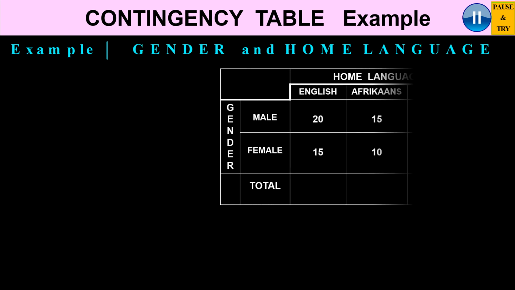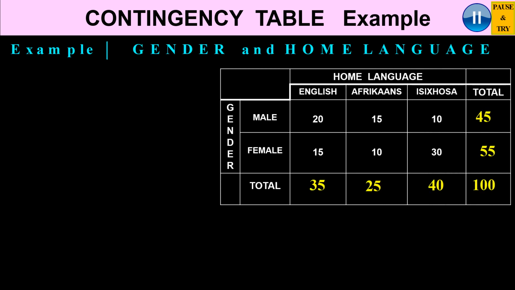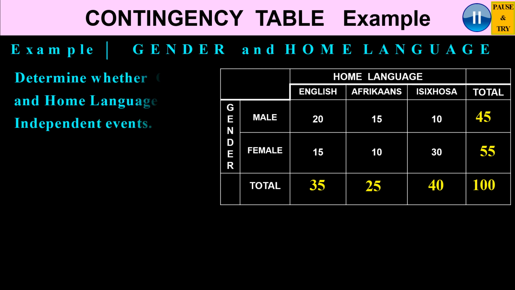Now let's consider another example where the contingency table can be useful in probability questions. Let's take the same example of gender and home language. There we've got our completed contingency table. Let's look at the question. Determine whether gender and home language are independent events. So what I can do is take one of the categories of gender and one of the categories of home language.